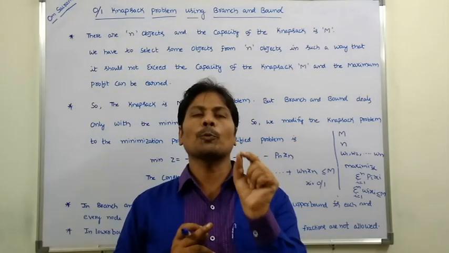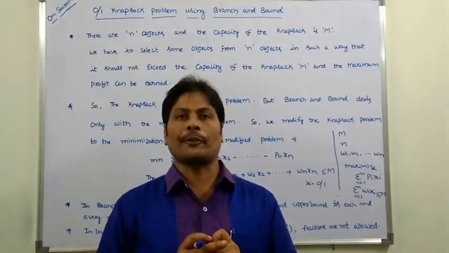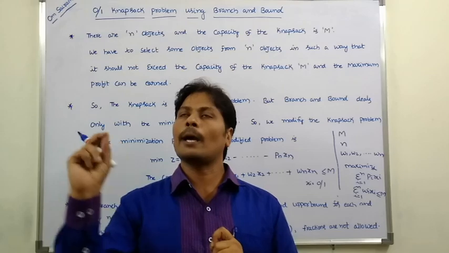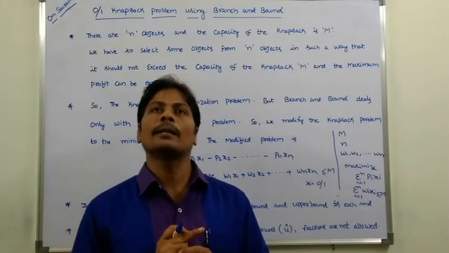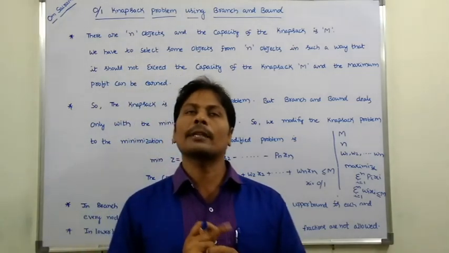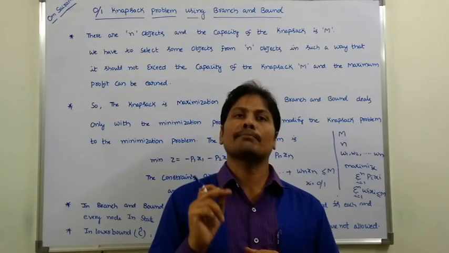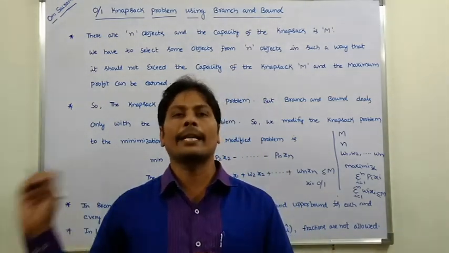We place a negative sign before each and every profit. The profits are p1, p2, p3, up to pn, so with the negative sign we get minus p1, minus p2, minus p3, minus p4, and so on.